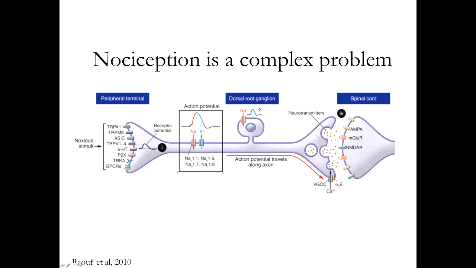Once these things are triggered, they elicit a depolarization or a propagation of a receptor potential. So basically you have neuronal depolarization that conducts the pain signal down the afferent nerve. And this is propagated or produced by changes in sodium and potassium concentrations within the neuronal cell.